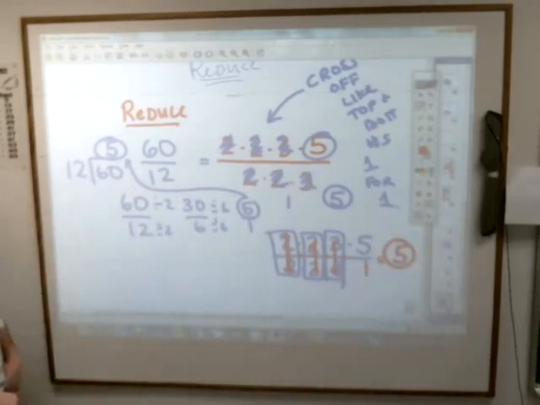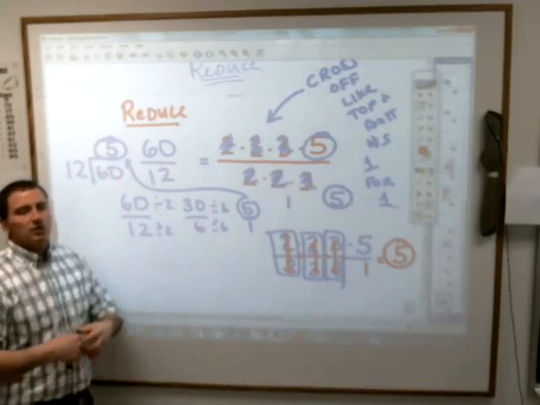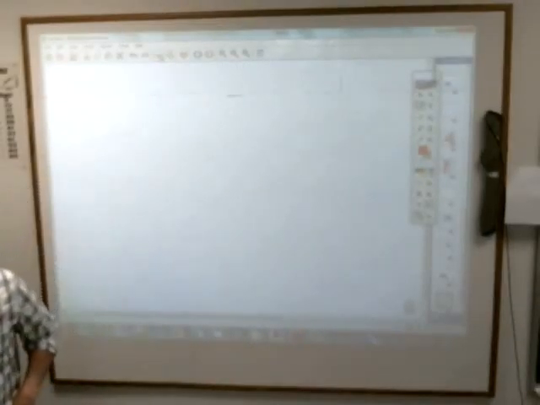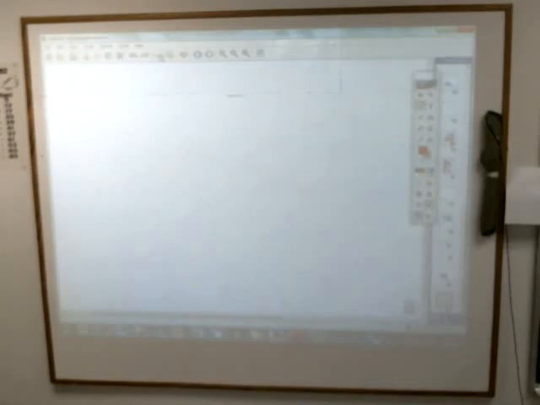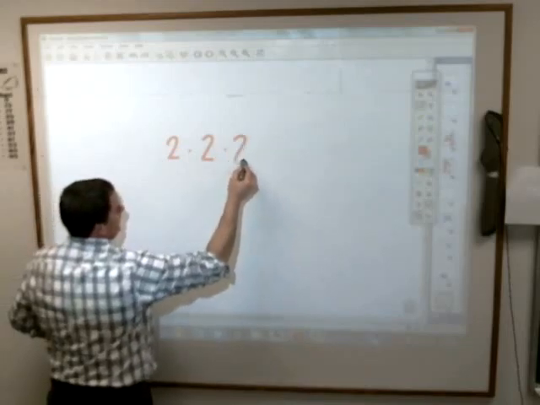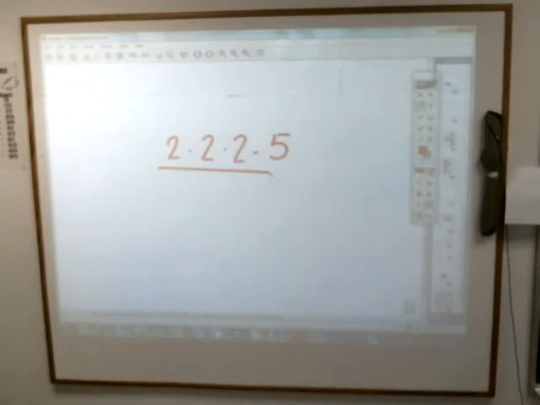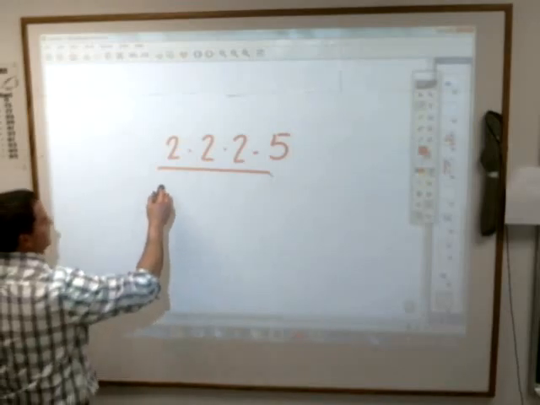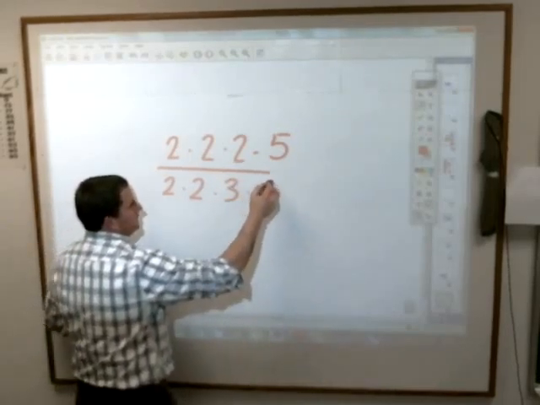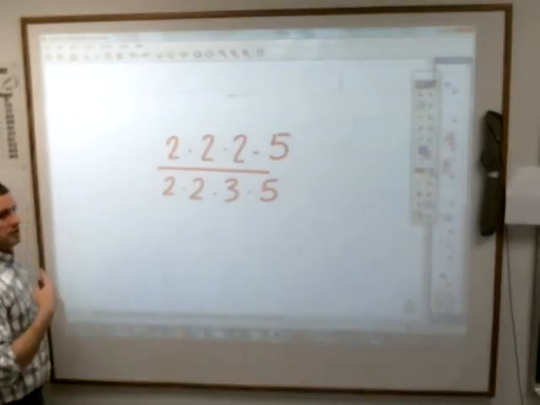Okay? So rather than going through the long process of multiplying everything only to, in the end, divide it all over again, anytime you see something that looks like this, let me give you another example. 2 times 2 times 2 times 5 over 2 times 2 times 3 times 5. If you see the same thing on top as the same thing on bottom, you can cross them off 1 for 1.